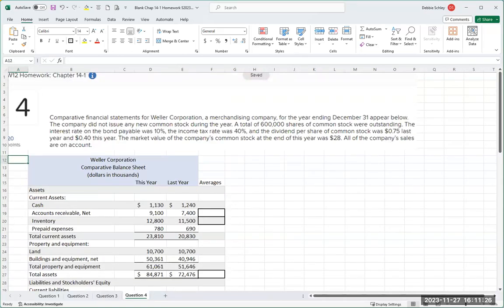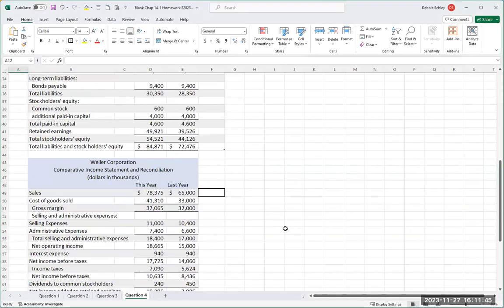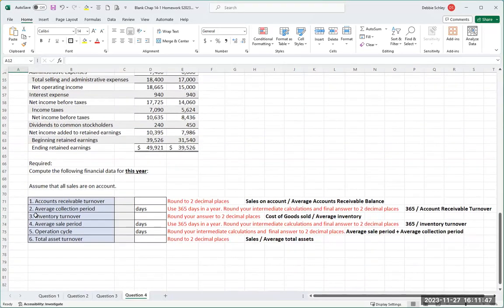So question 4, comparative financial statement for Rolla Corporation and merchandising. I believe this is all the same data from the last question, but now they're asking us for some different information. Let's see, what are they asking us for?